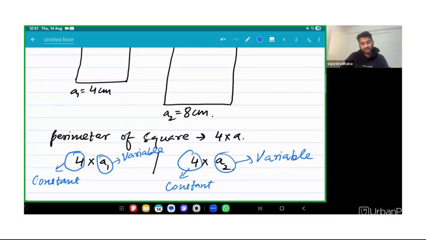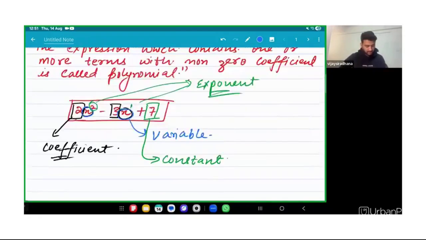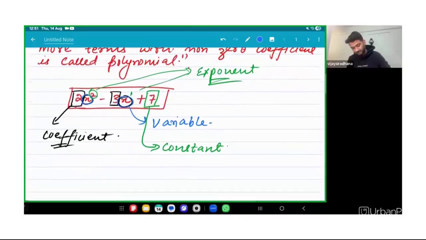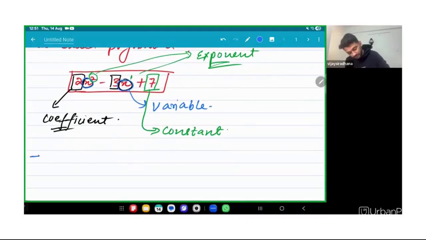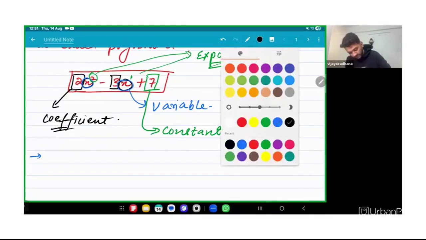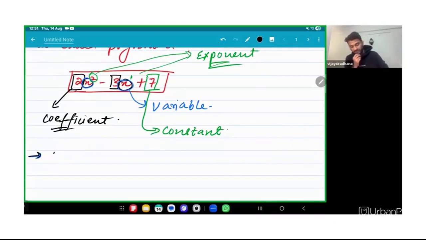Now the third thing is something which we'll talk about, the coefficient.